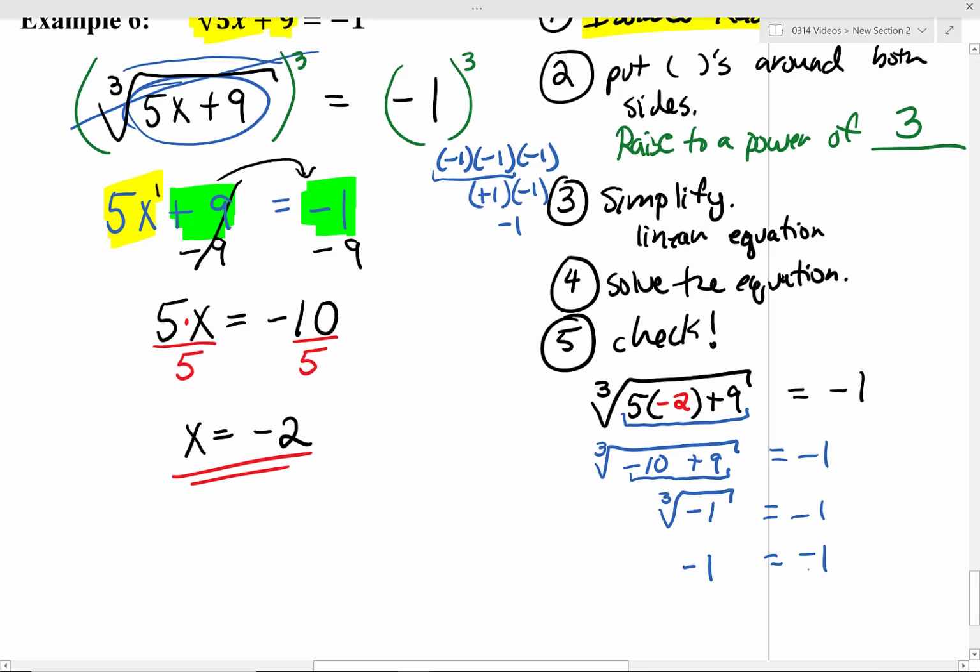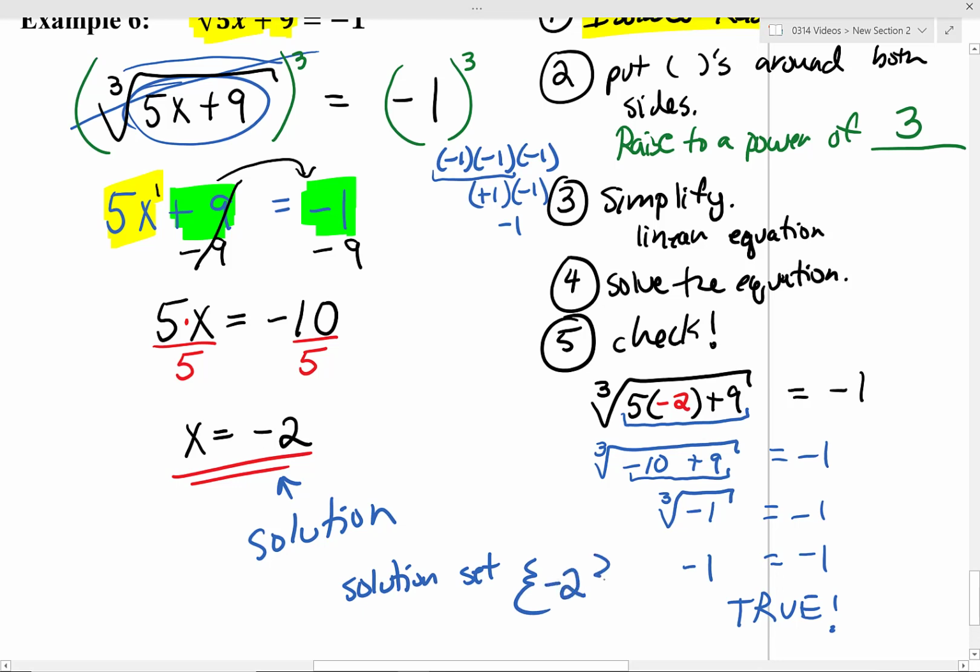That is a true statement. If we get a true statement, then we know that what we just tested was a solution. So what is our solution set? Okay, we'll have our set brackets. We're going to drop negative 2 into those set brackets. So our final solution, our solution set, is just the number negative 2.